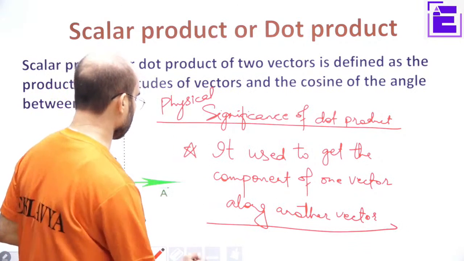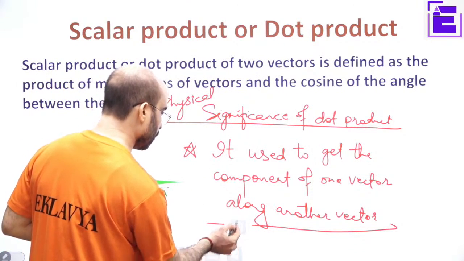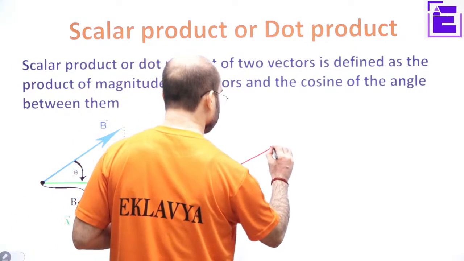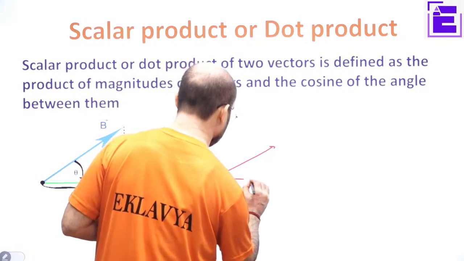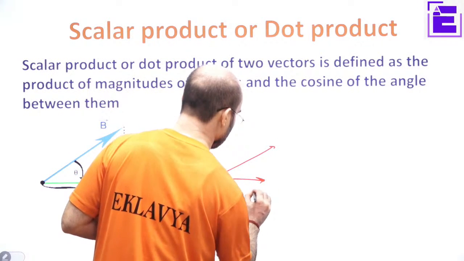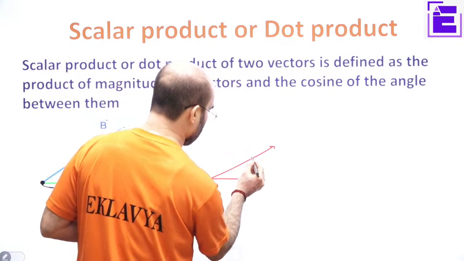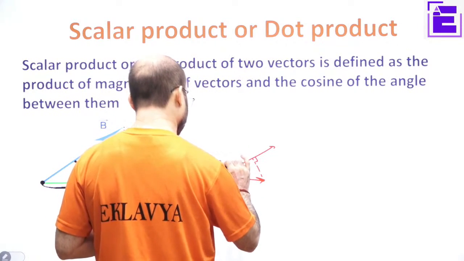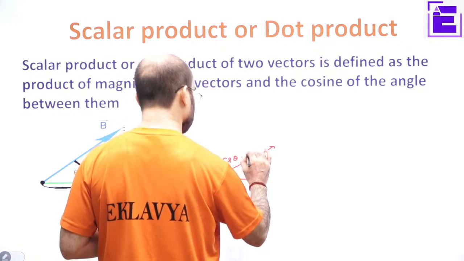How? Just have a look. If we now change it, if you have got B and you have got A here, the component of this A will be A cos theta here.